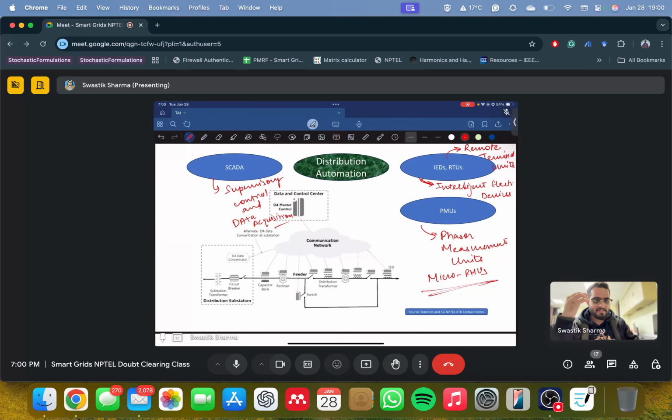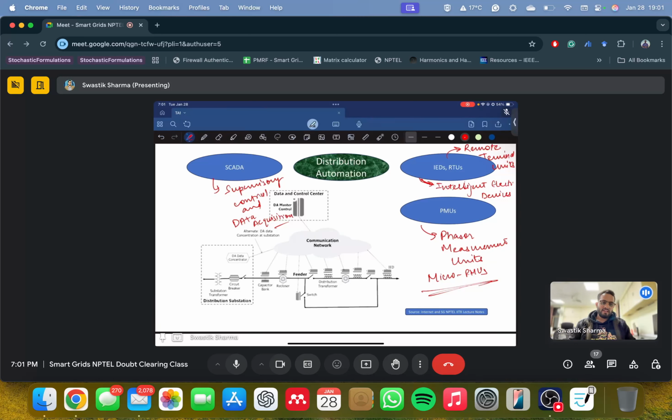Whenever any event happens, multiple relays operate. To finally conclude what exactly happened, you need all the data in a time synced format. Otherwise, you will not come to a conclusion about what happened first.